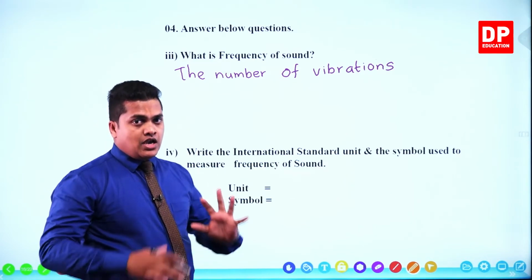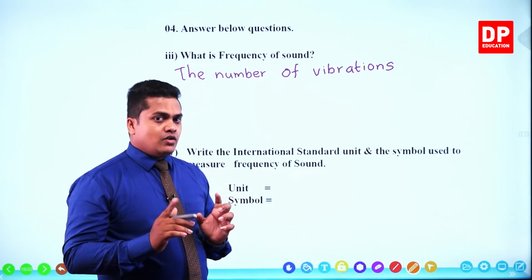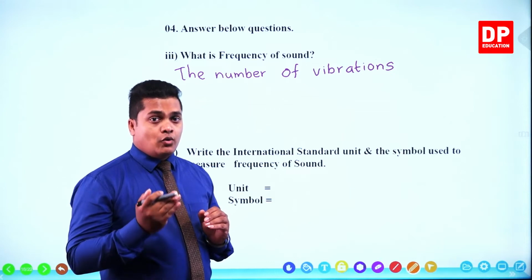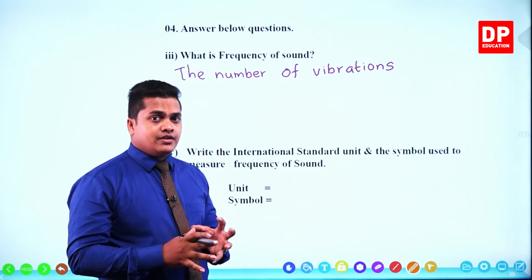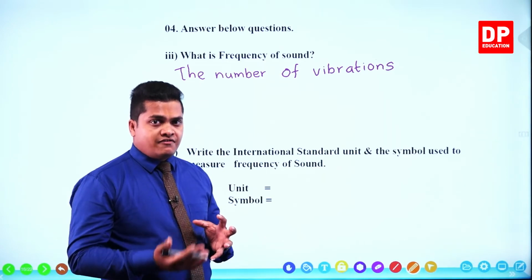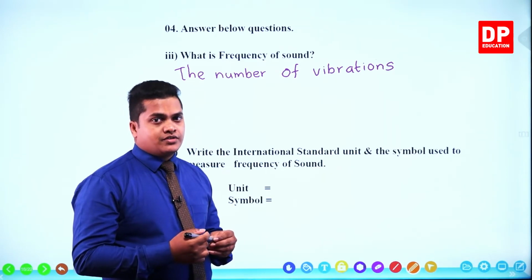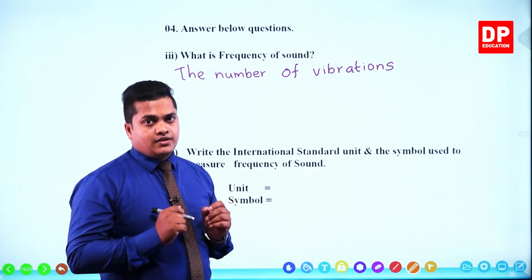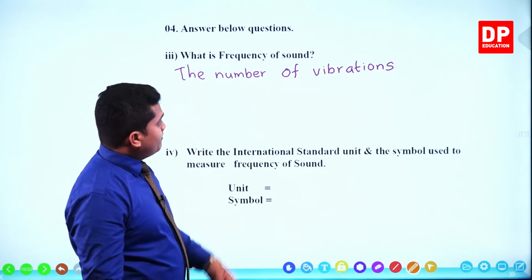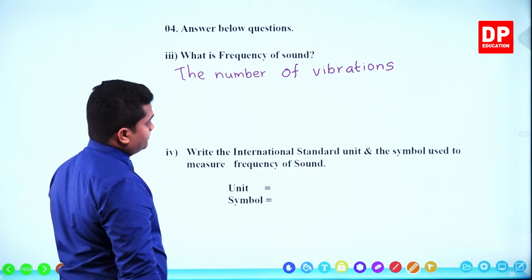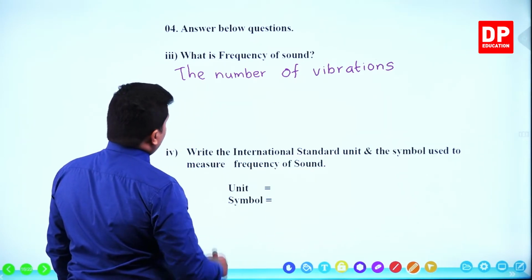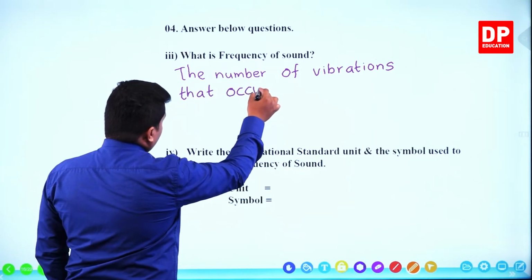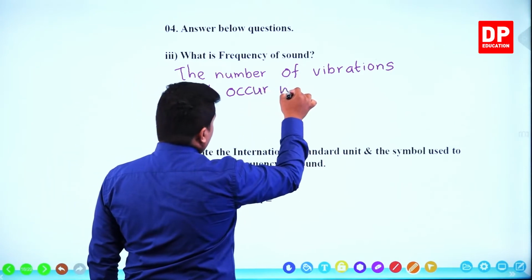So within 1 second, or within unit time, how many oscillations are completed reflects the frequency of an instrument, or the frequency of a certain thing. So frequency means the number of vibrations that occur within unit time.